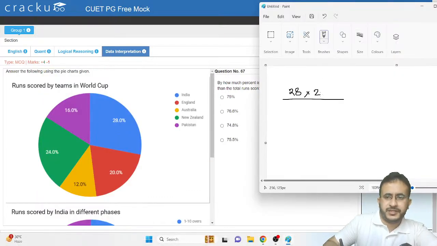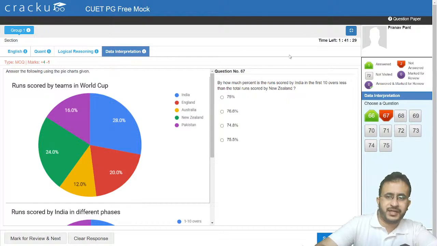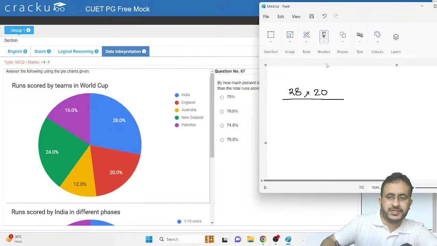28's 20%, and it is asking how much less than total runs scored by New Zealand. So New Zealand, if you take 24%, right? Cut 20%. So upon 24. This is India in the first 10 overs. So you can take 0.2. And New Zealand is 24, right? So we get 5.6 by 24.